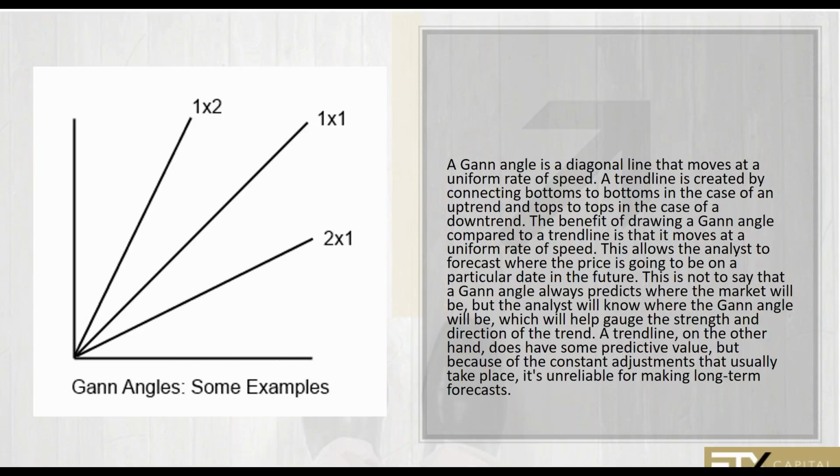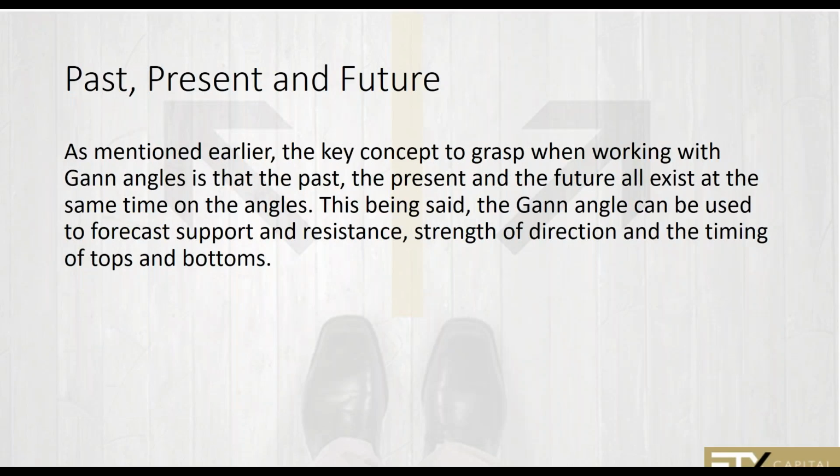A trend line, on the other hand, does have some predictive value, but because of the constant adjustment that usually takes place, it's unreliable for making long-term forecasts.